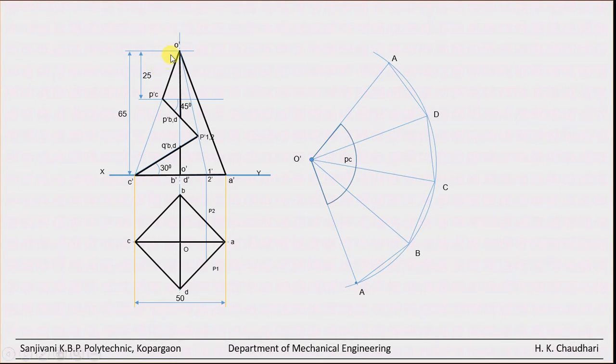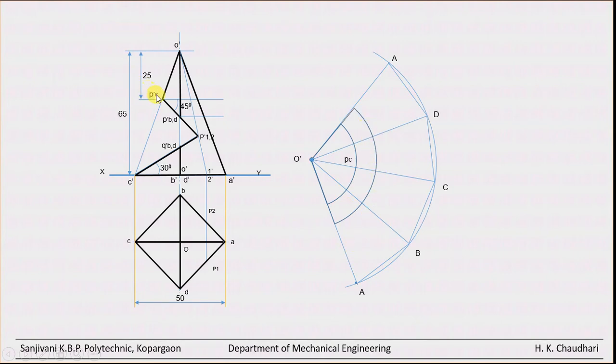So take a distance in the compass. How to take? Take this distance from here to here and draw an arc with O as the center. Clear?